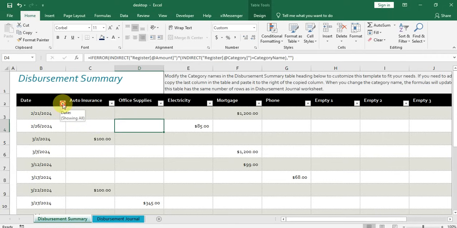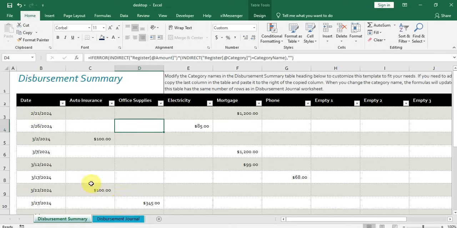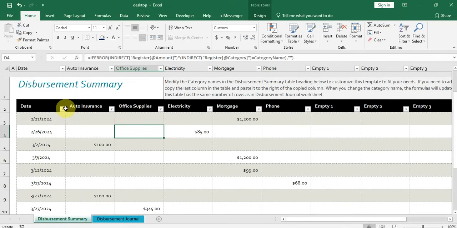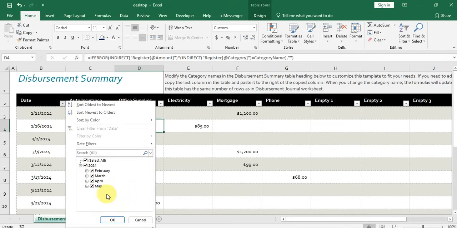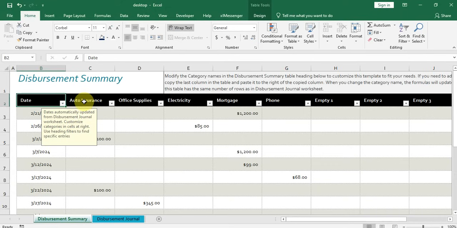When I click on this, I can set the date to the dates that I want. If you scroll down here, you will see the dates are many. You can see February, March, the year also here. What a table basically means is that it tells Excel that all these are related.